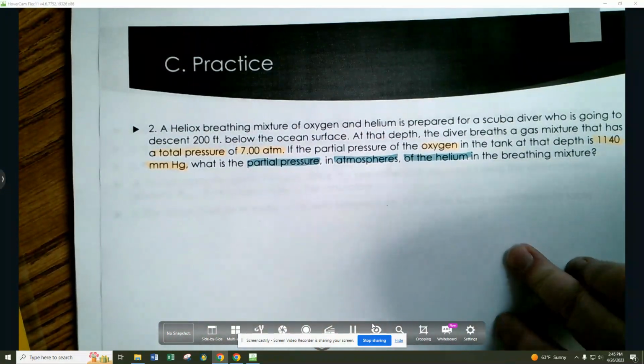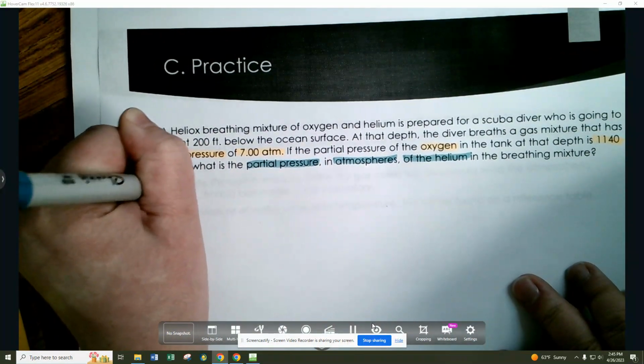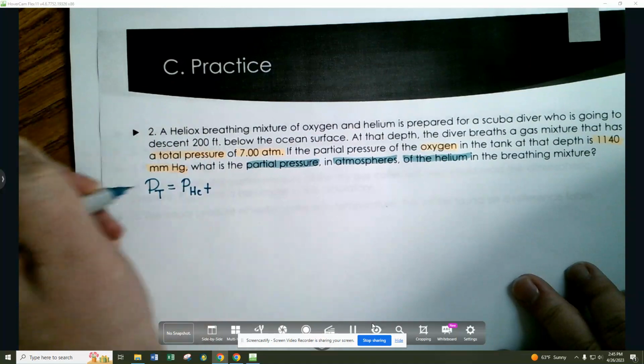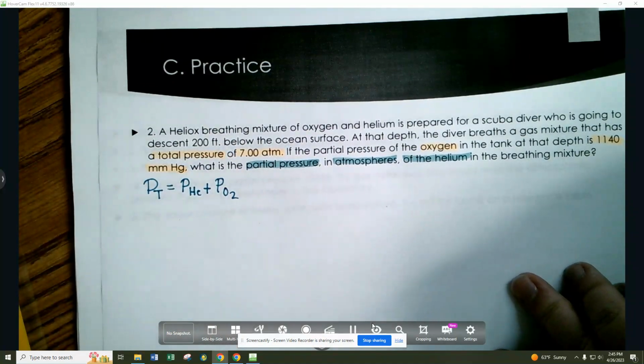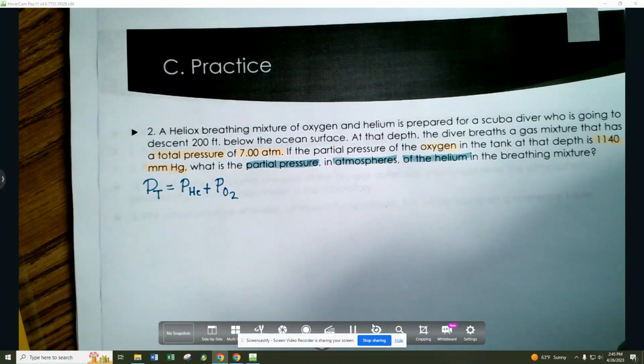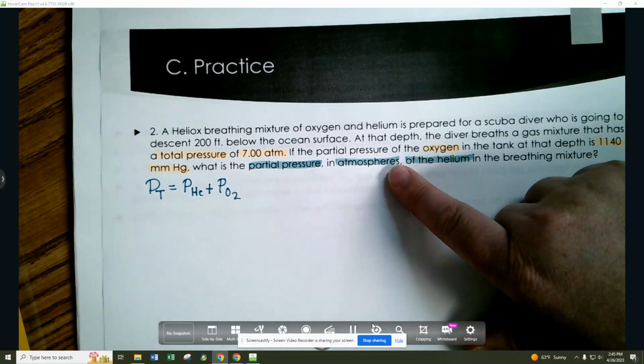So in this combination, the pressure total is equal to the pressure of the helium plus the pressure of the oxygen. One other thing: my total pressure is in atmospheres, my oxygen is in millimeters of mercury, and the problem wants atmospheres.